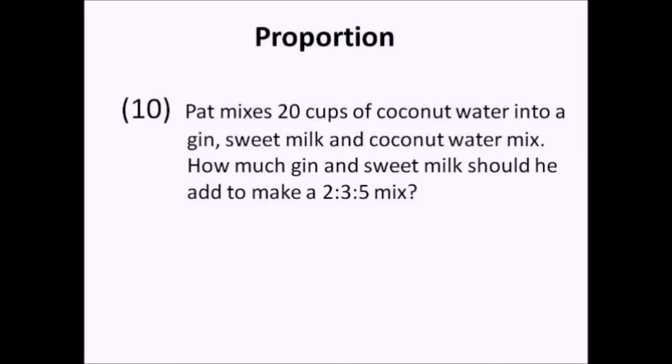Okay, you want to get a 2 to 3 to 5 mix. And you know that he put 20 cups of coconut water. Remember where I have gin, sweet milk, coconut water, it's in that order, 2, 3, 5. That's important.